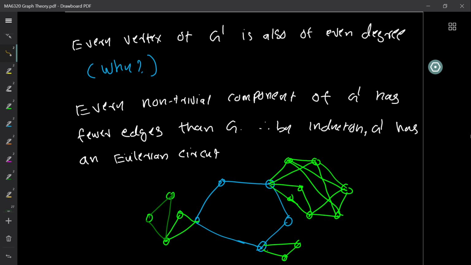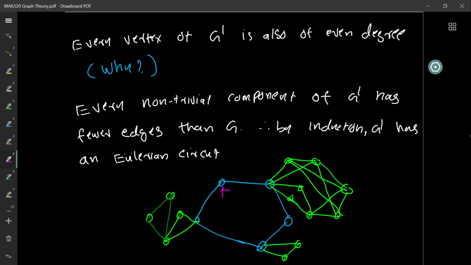And then what do I do? By induction, I can find an Eulerian circuit for each of these. So then what do I do? I start from any vertex of C. For every vertex in C, when I reach there, I check whether there is any component in G minus C that is incident with this.